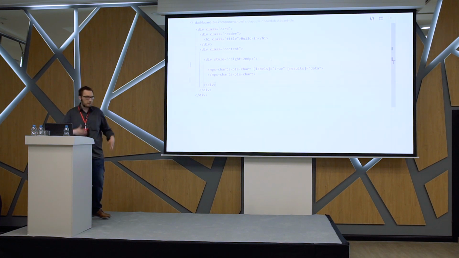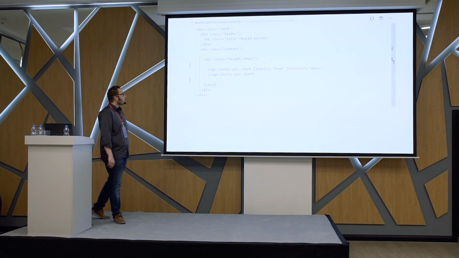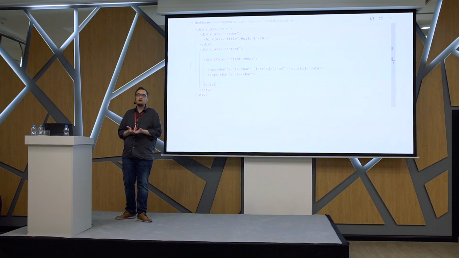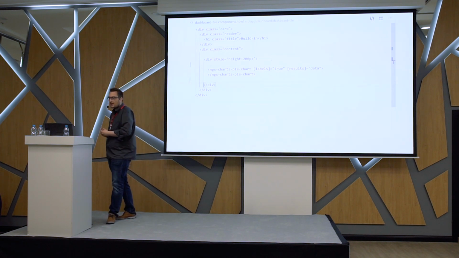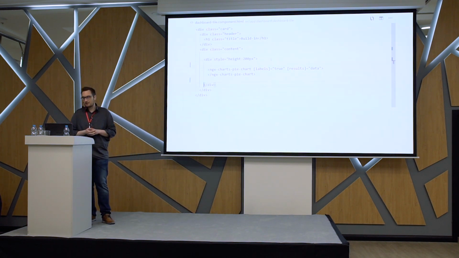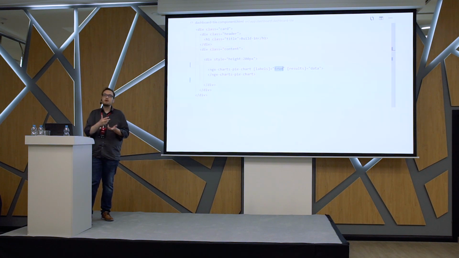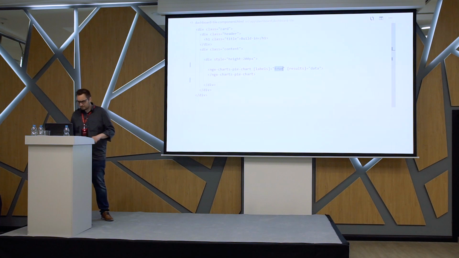It is just some HTML boilerplate, and in the middle we have a call to an Angular component, ngx-charts pie chart, which gets our data structure, and we are telling the pie chart that it shall display all the labelings. So it is nothing more than this.